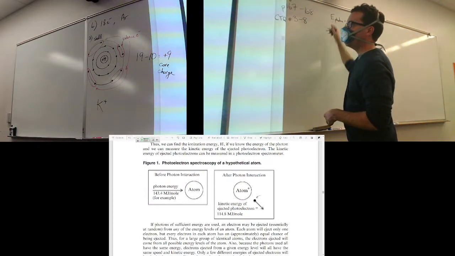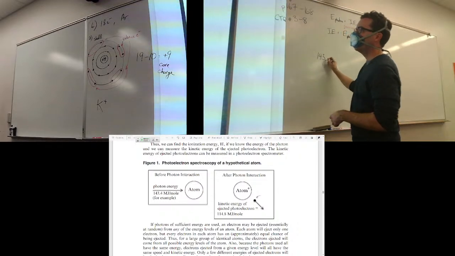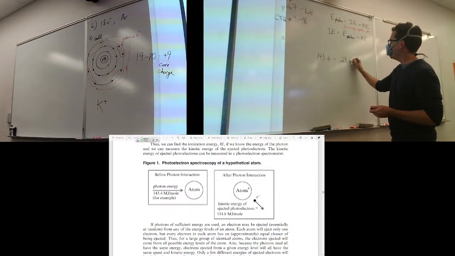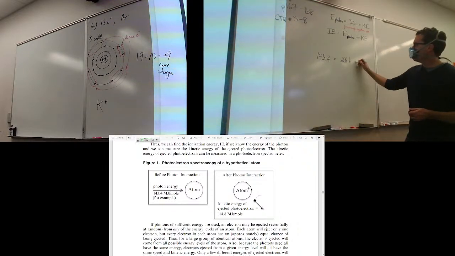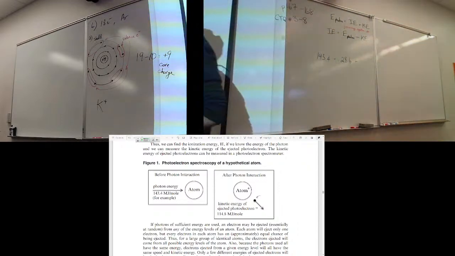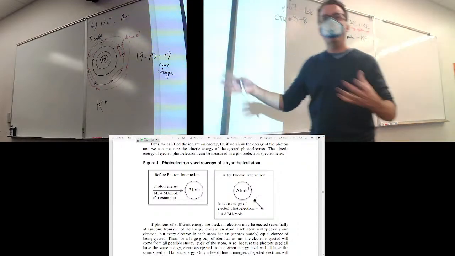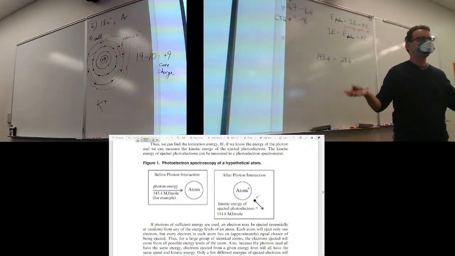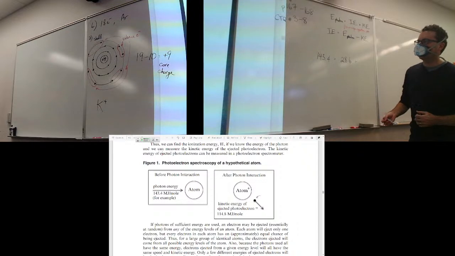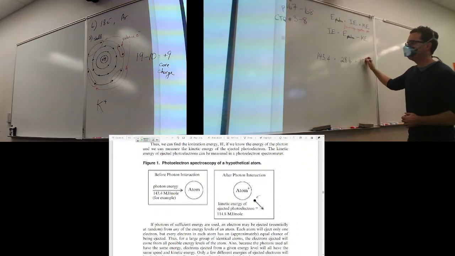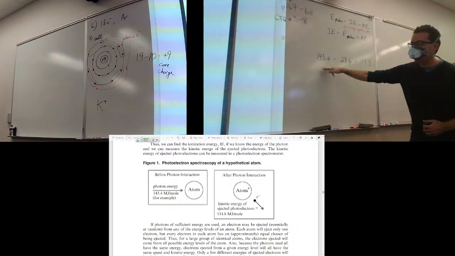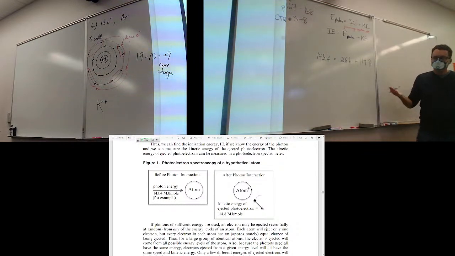The energy of the photon was 143.4 megajoules per mole. Some of that went to ionize the electron. The rest of it went to make the electron move very, very quickly away from the atom. The kinetic energy is the energy of motion, so the electron is really fast now. It's speeding off with an energy of 114.8 megajoules per mole. These two sides should equal each other. And they do.